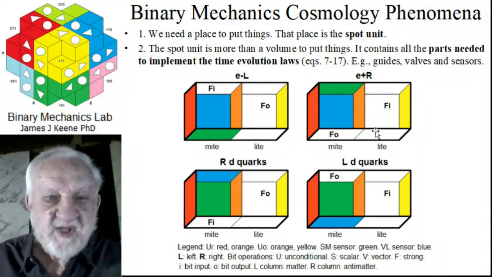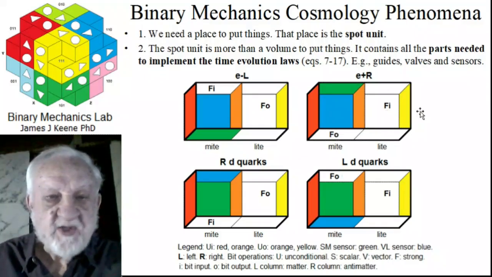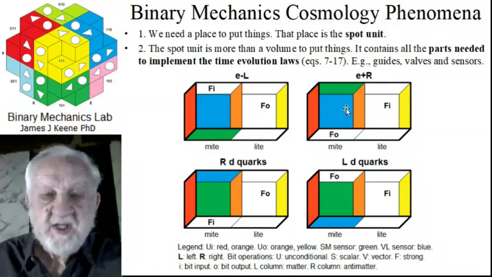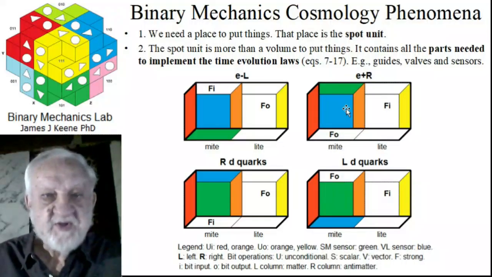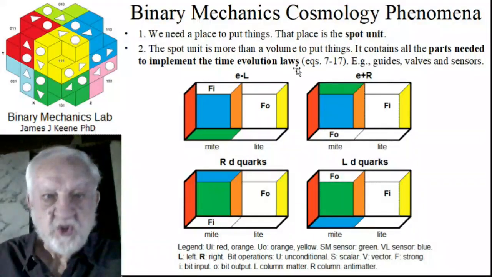The guides, for example, a solid wall shown here in white would prevent motion of quanta through that wall. A valve, the red, orange, and yellow, allow passage of quanta in only one direction. Sensors are needed to sense the neighboring quanta for the scalar, electrostatic, and the vector or magnetic operations in the time evolution laws.